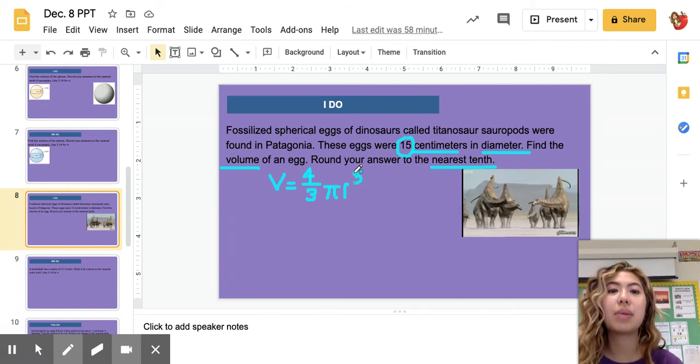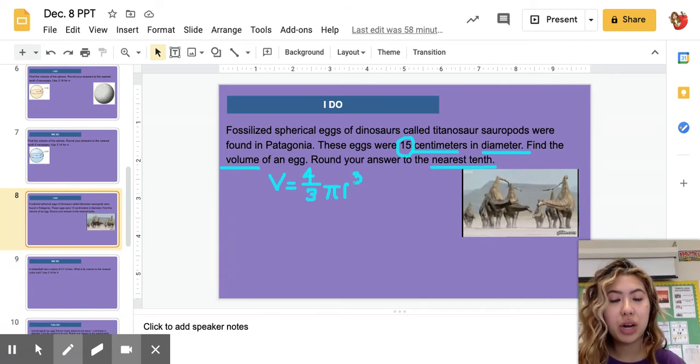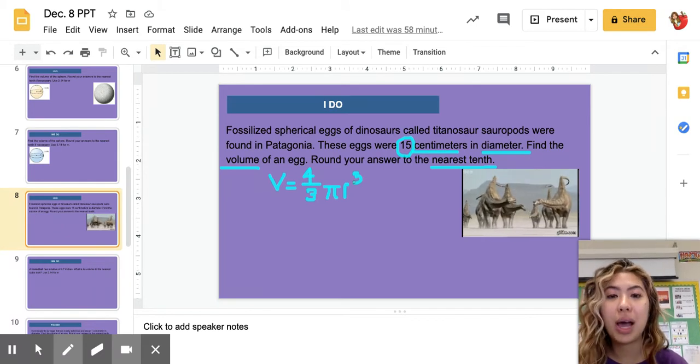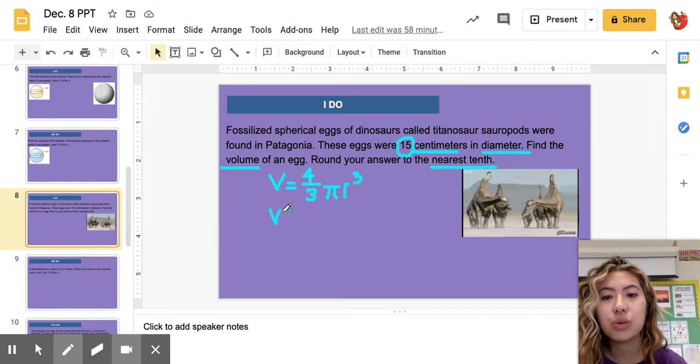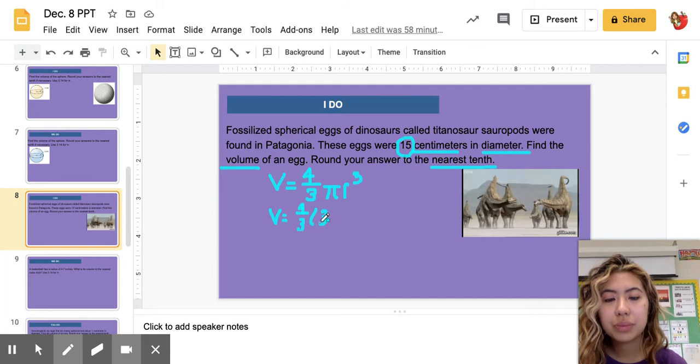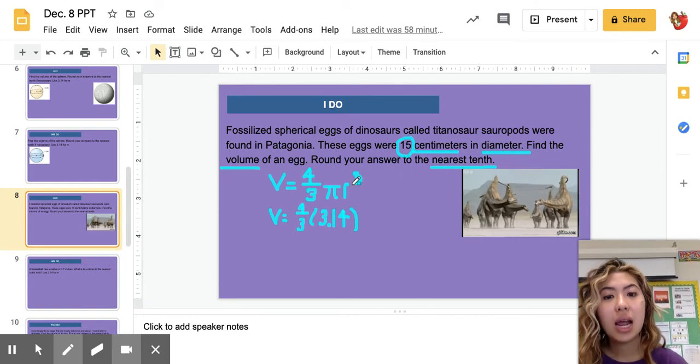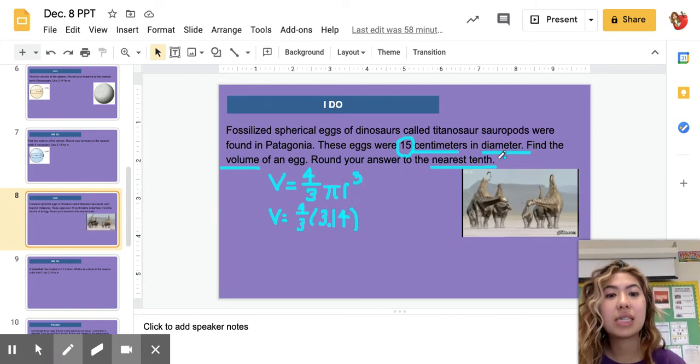Our second step is to plug in the appropriate numbers. In this case, this problem doesn't tell us to use 3.14 as pi, but we just know that that's what we have to do. So we have V is equal to 4/3 times 3.14. And in this case, we can't plug in the 15 as our radius because the 15 is our diameter.